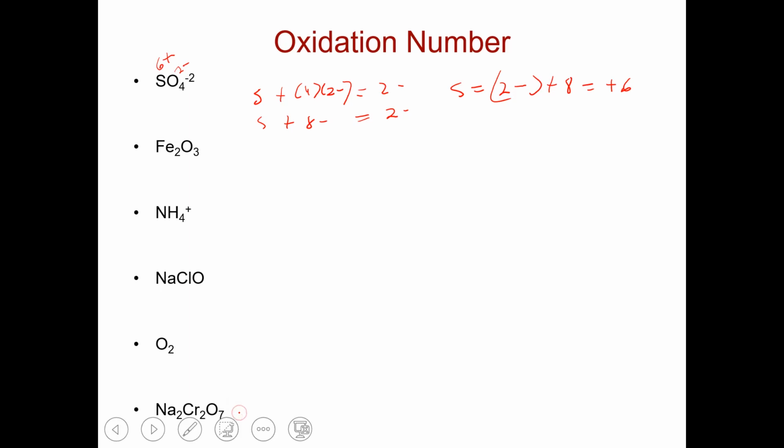So let's take a look at a neutral compound. We have iron oxide here, and we want to figure out what the charge is on iron and oxygen. Oxygen we know is 2-, so that gives us a total of 6 negative. There are 2 irons, which means that each iron must have a 3+ charge on it.